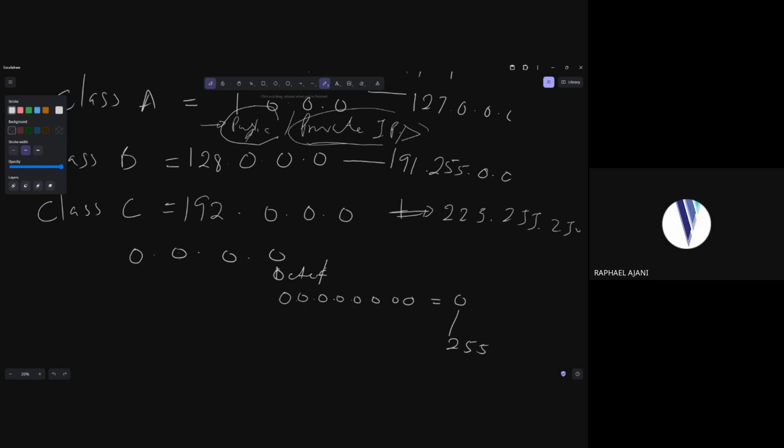Because the maximum that will be on each octet is 11111111. Are you getting it now? Okay. That is allowable. Remember that there are portions of this range. In the IP addressing scheme, you cannot use 255, because 255 means it is a broadcast IP.